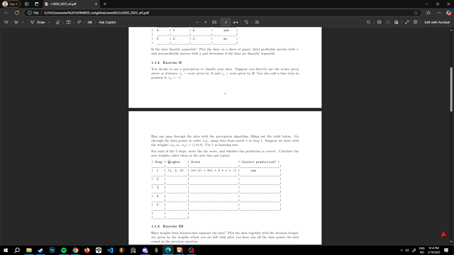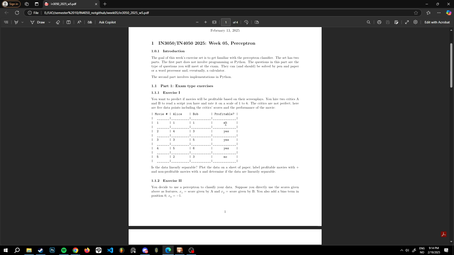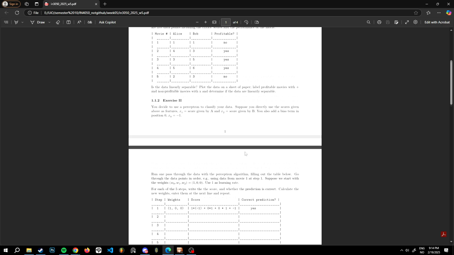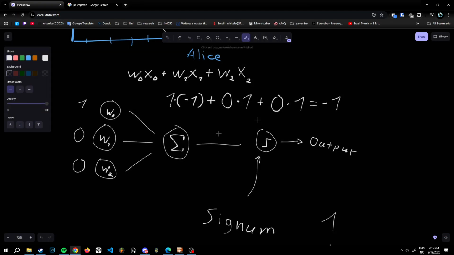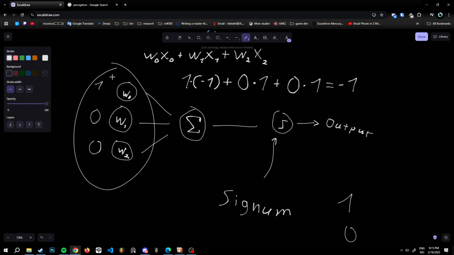So right now, our perceptron, or small little neuron, or whatever you want to call it, said that it's a -1, right? And did the neuron predict correctly? Was it not profitable? Yes. So it's a correct prediction. And when it's a correct prediction, we actually do not update these values.